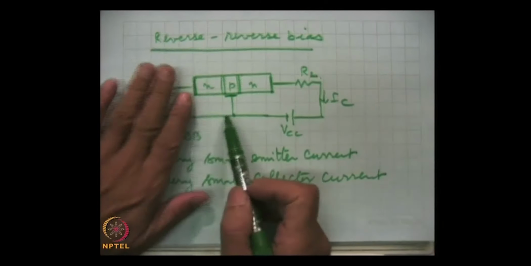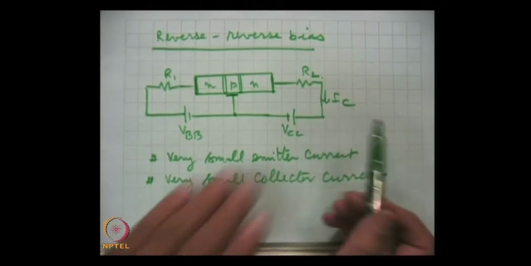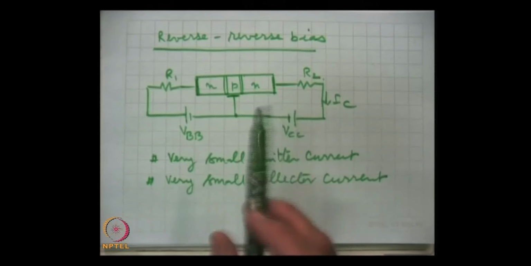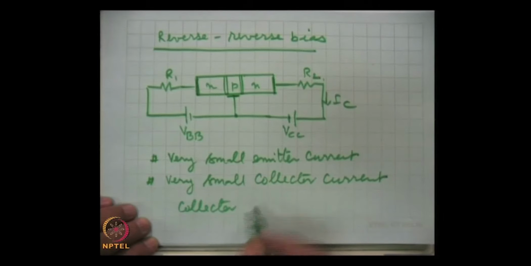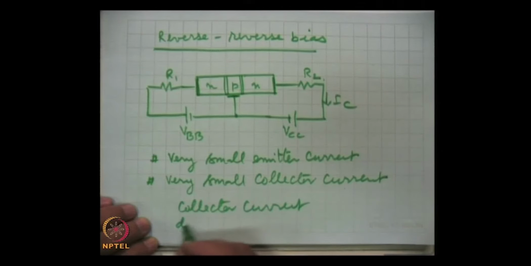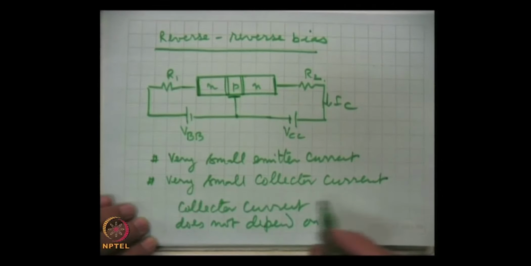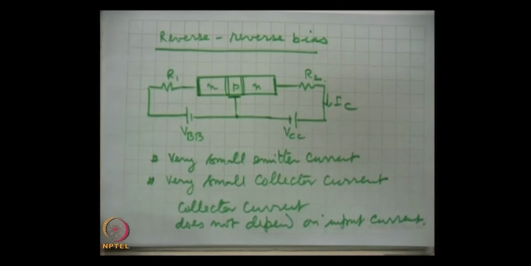If we switch off this current, still this current will continue to flow, and similarly if we switch off this, then this current continues, but the significant point is that I C, the collector current, does not depend on the input current, the emitter current. Therefore, this can also not be used for amplifying purposes.